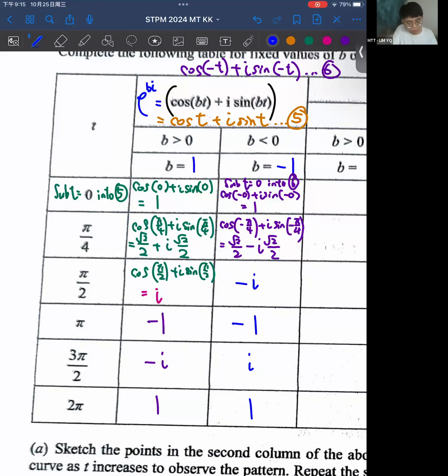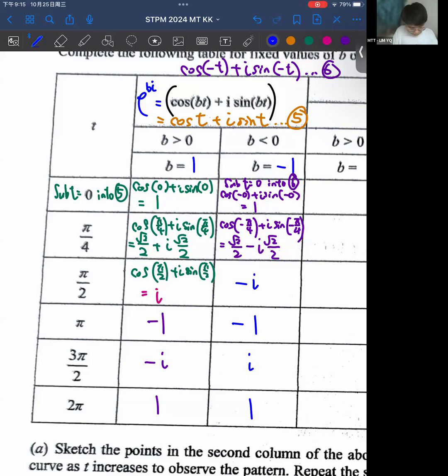Now you press calculate, and let's say what is your value? Let's say 0. Then it should give you 1. And then you press calculate again. Let's say pi over 4.